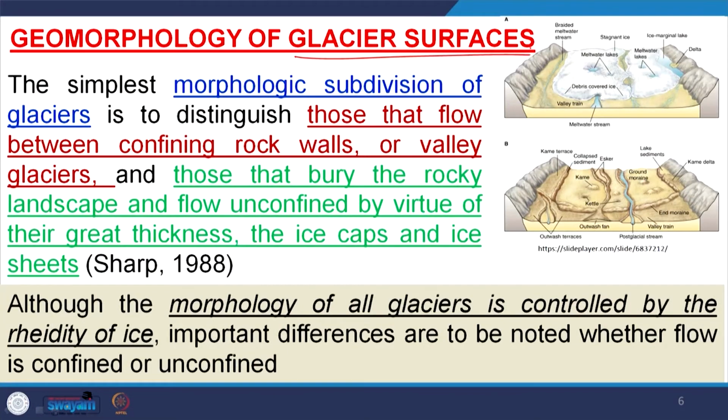The simplest morphologic subdivision of a glacier is to distinguish those that flow between confining rock walls, or valley glaciers, and those that bury these rocky landscapes and flow unconfined by virtue of their great thickness, the ice caps and ice sheets. Once we say glacier, it always comes to mind that it should be Antarctic-like, that is, an ice sheet.